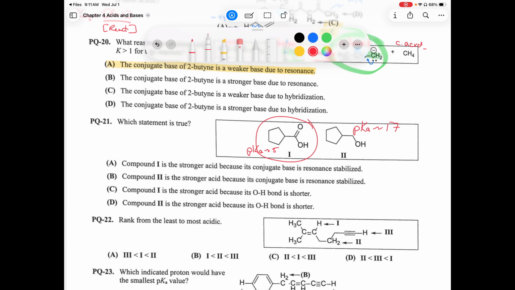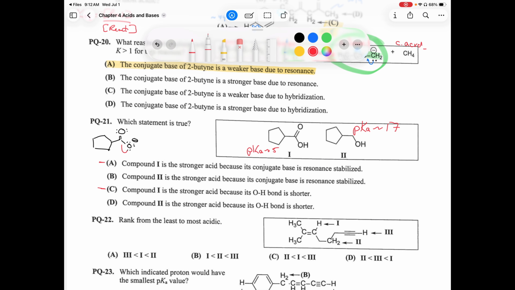So we know that this is definitely the stronger acid. And so you know right away that the answer has to be either A or C just by looking at it really quickly. In A, it says compound 1 is a stronger acid because the conjugate base is resonance stabilized. Or in C, compound 1 is a stronger acid because the OH bond is shorter. Well, it's got nothing to do with bond length, does it? It's because, as I stated in a previous question, if you draw the conjugate base of that carboxylic acid, it's resonance stabilized.